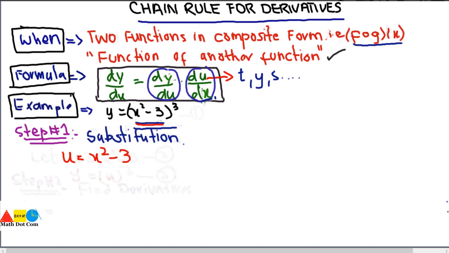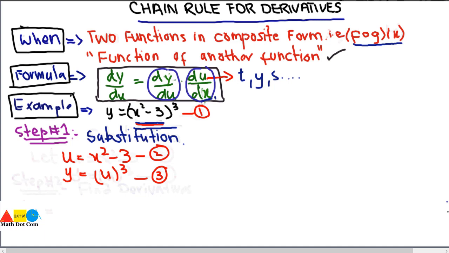This is equation 1 and this is equation 2. Now we have to put equation 2 into equation 1. So y is equal to, replacing x square minus 3 with u, u cube. So this is equation number 3. These are the two equations that we have got, and solving these we will find the derivative of the given function.